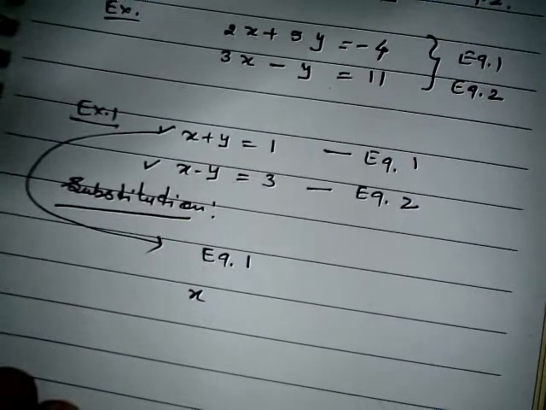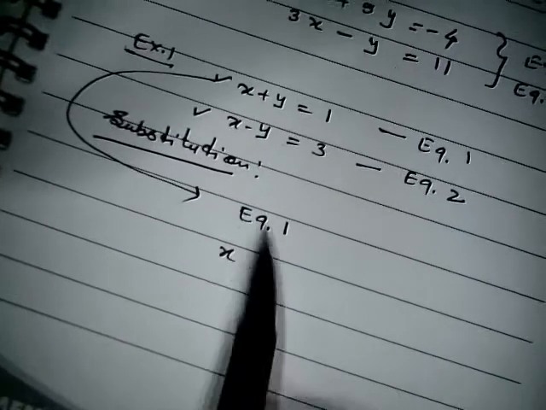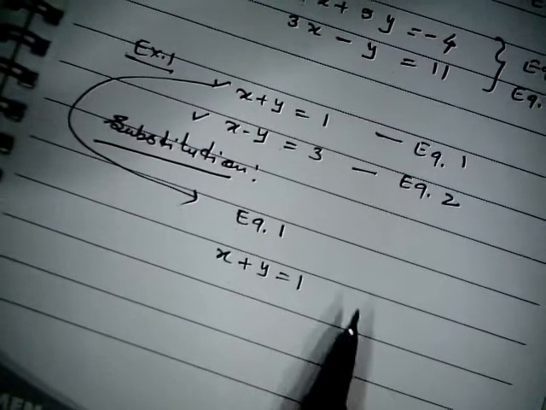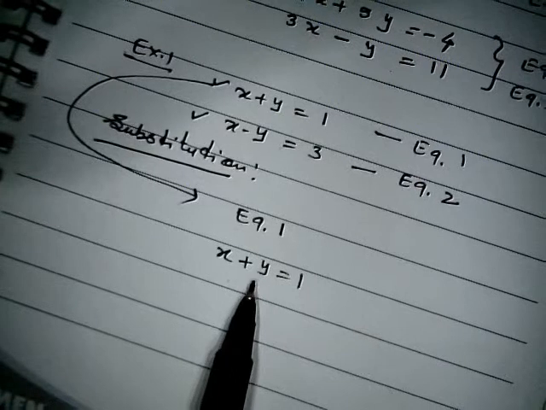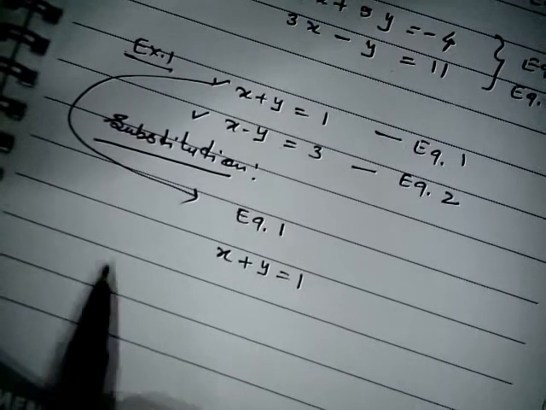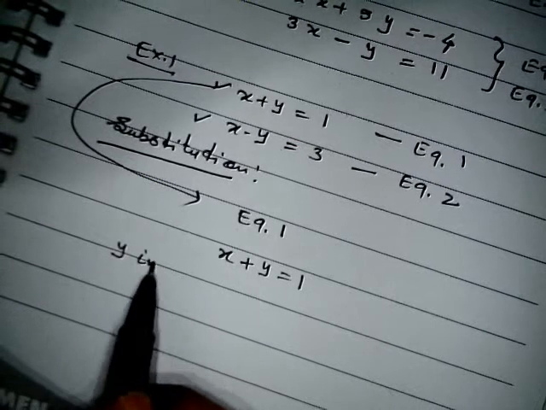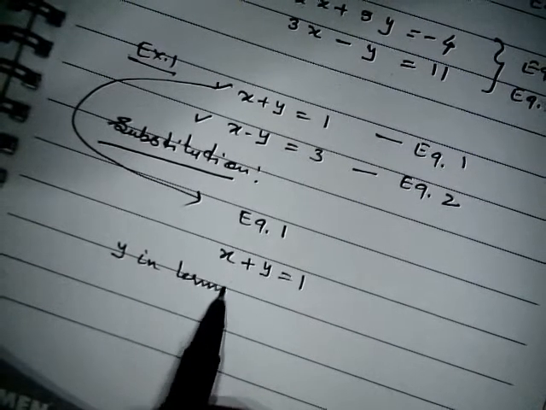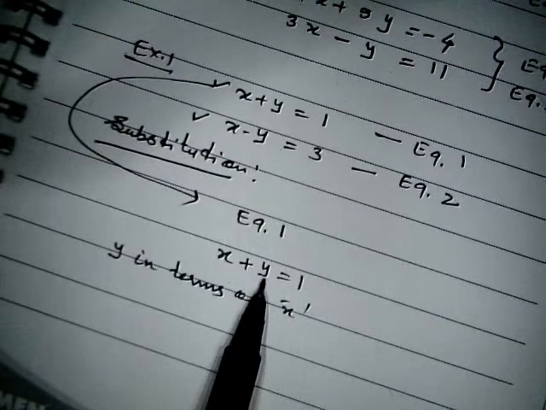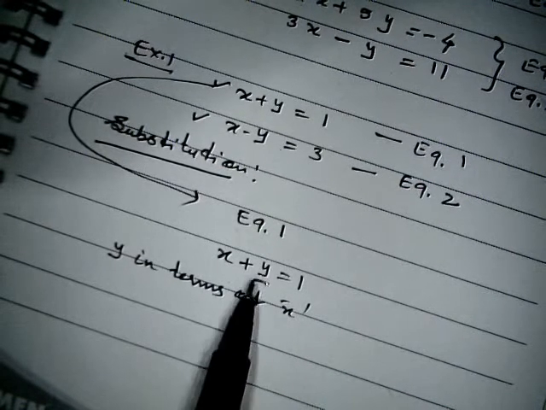What I am going to do over here is write y in terms of x. It means this y I need to keep over here, and whatever terms are present besides it, I need to shift to the other side.